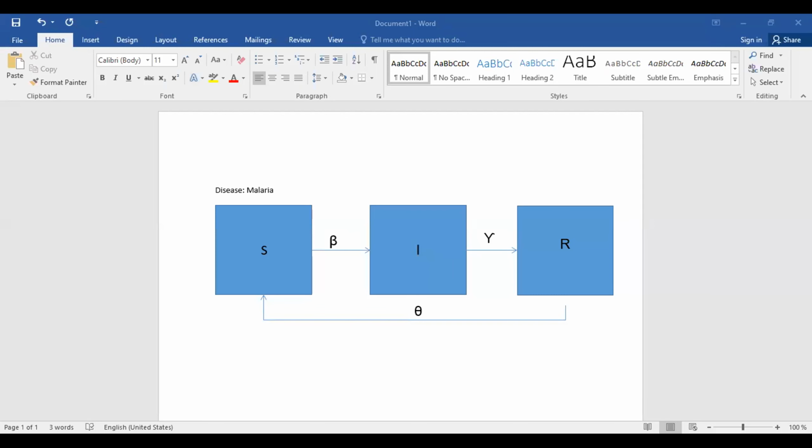Let me share. Okay. Can you see my screen? Not yet. Maybe in a couple of seconds. Okay, you see your screen now.